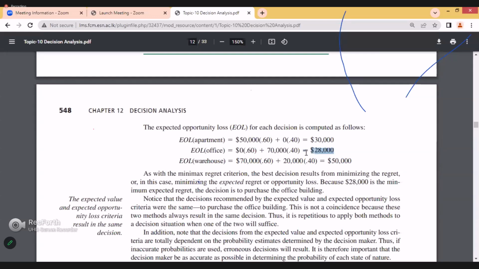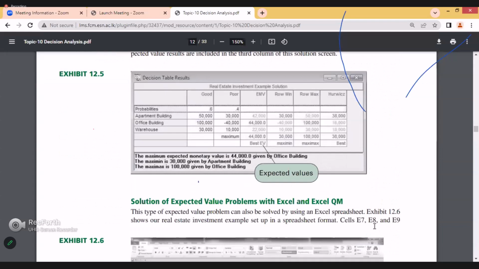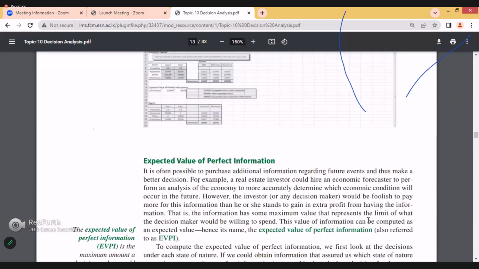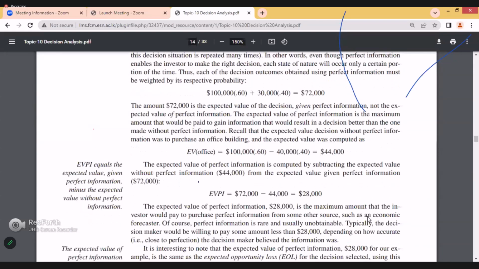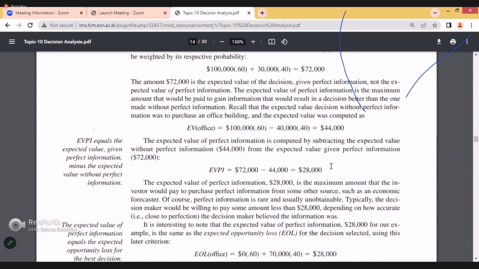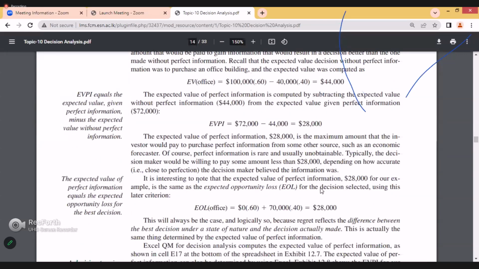You see that both values are the same, right? That value is what they have to pay for the perfect information, and this one has to be the expected opportunity loss.